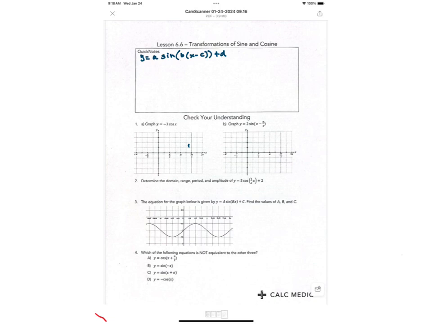X minus c, right? So these could be lots of different things, parameters, lots of different transformations on a sine curve. Understand that this could interchange cosine as well, okay? All of these transformations hold true for both functions.